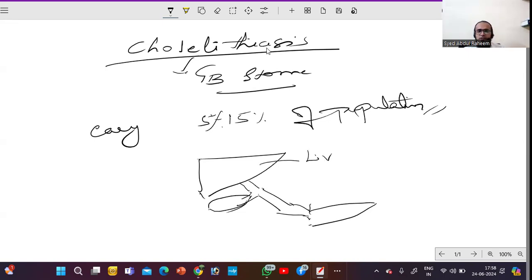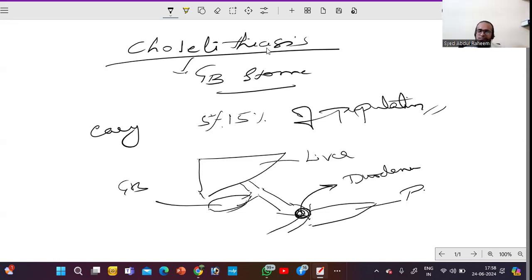This is the liver and this is the gallbladder, and these are the pancreas. This area is the duodenum, the initial beginning of the duodenum, and this is the hepatic duct, this is the cystic duct, and this is the common bile duct.